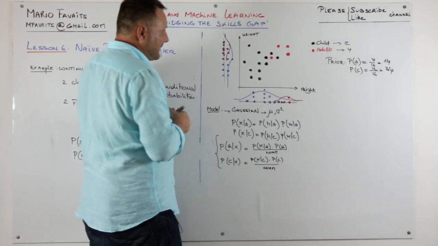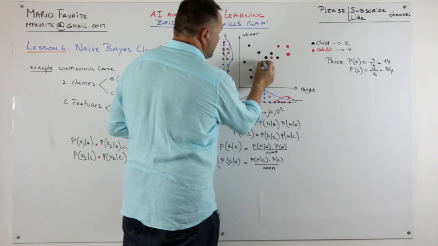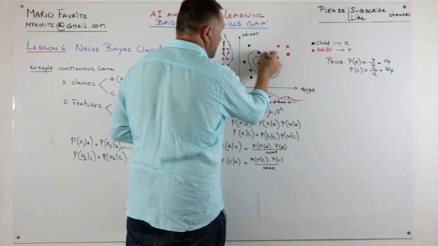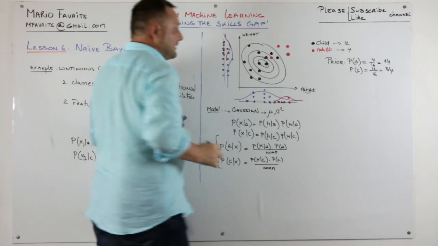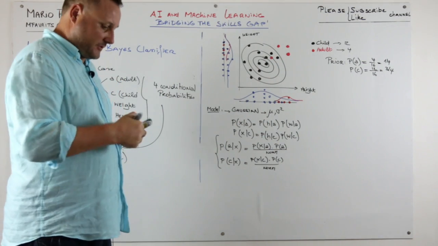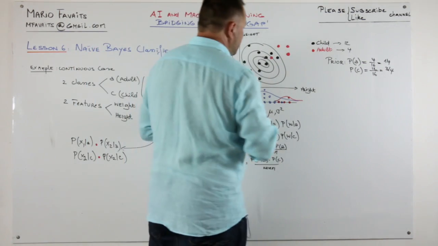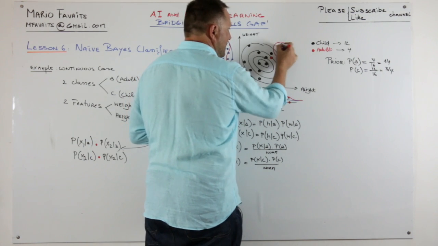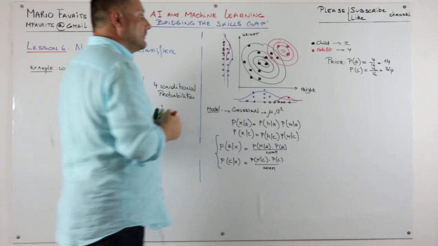So I will draw them. You're gonna get some of these. That's one distribution for the children, and for adults you're gonna have something similar.